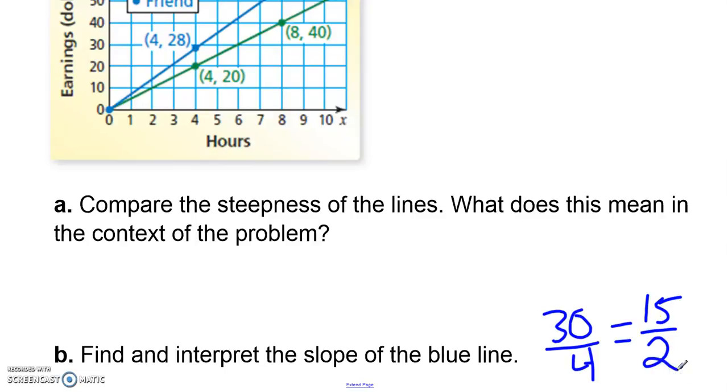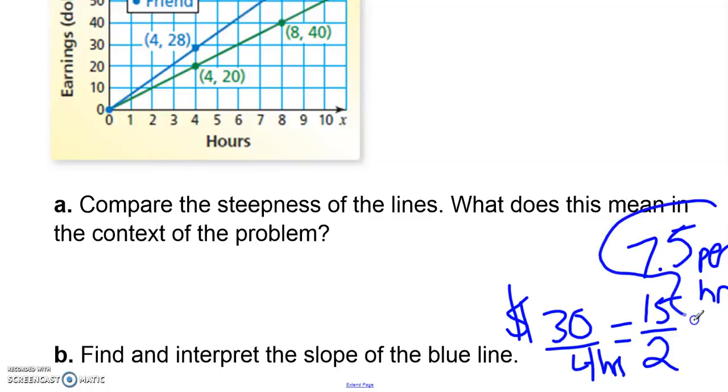So it looks like your friend makes $7.50 per hour of babysitting. Okay? Because this was earnings over hours.